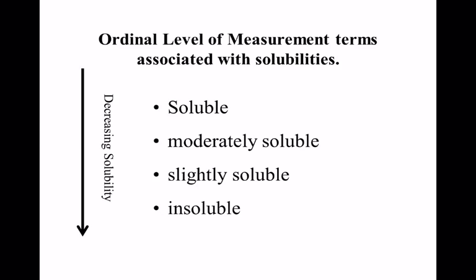Sometimes it gives a number. So this last column over here is all solubility. It says cold water, hot water, other solvents. So this is the substance, and this is the solubility.